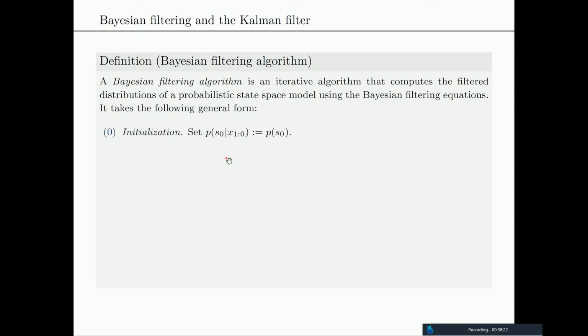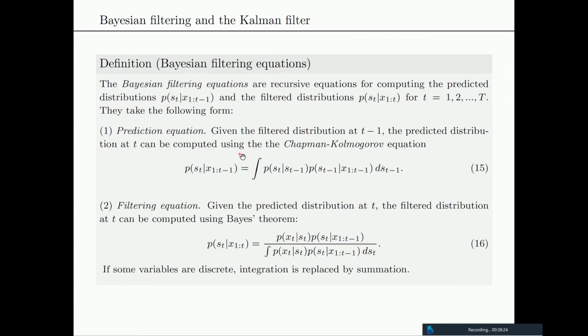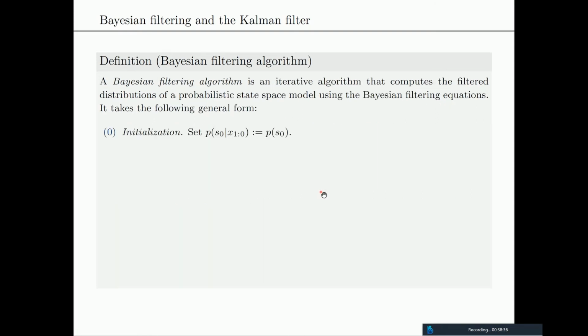You need to start somewhere, right? So this was kind of recursive, and at one point you have here t equal to 1, and then you have s0 given x1 to 0, and the question is what that means. Well, for this you take your prior. So this was one component that was defined in the state space model, so you need to define an initial distribution over s0.